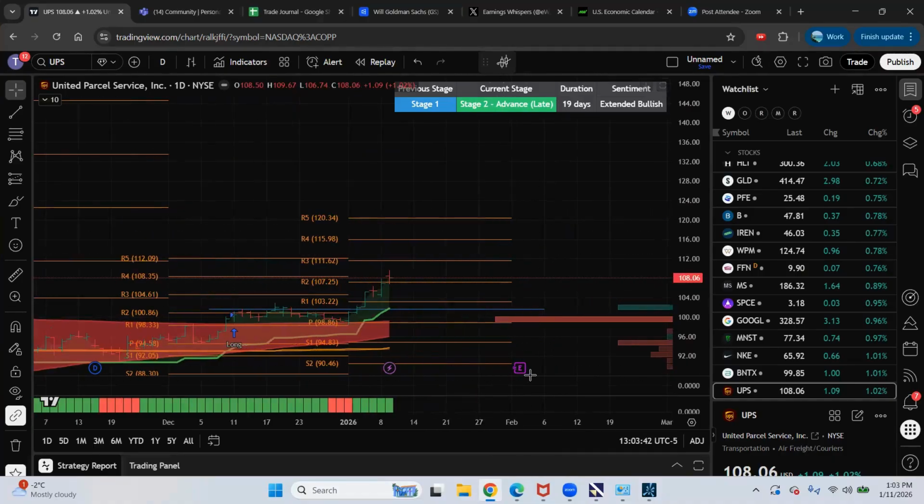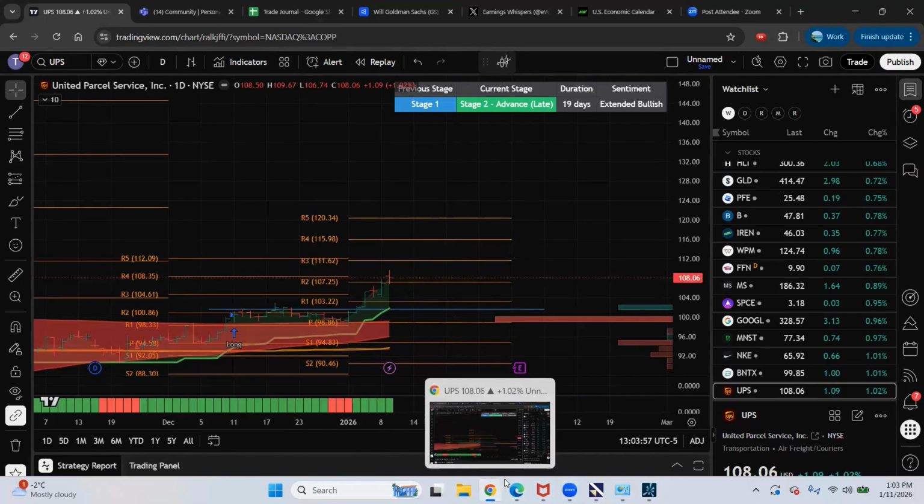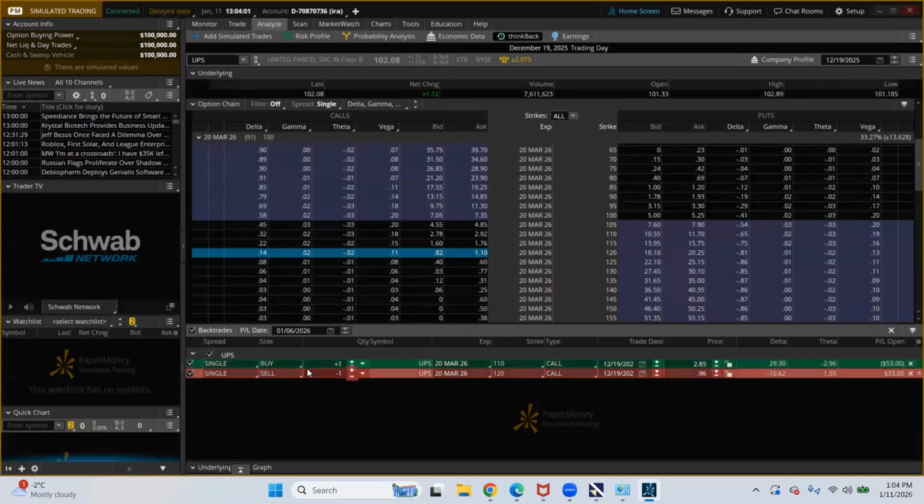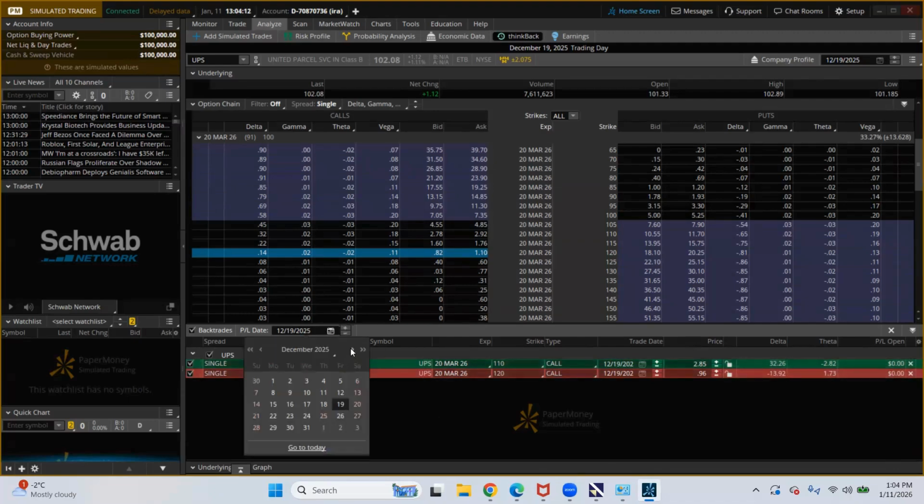So what I've done with it is I've kept that 110, 120 call. I don't want to roll it. We've taken some profits along the way because I don't know if we're going to get to 115, 125. So I like the delta that we currently have. So if we go to where we started, and that was on the 19th here, our net delta was 21 approximately.